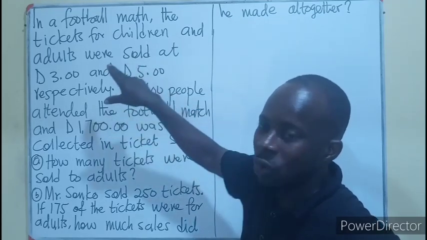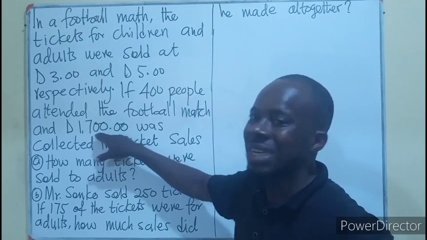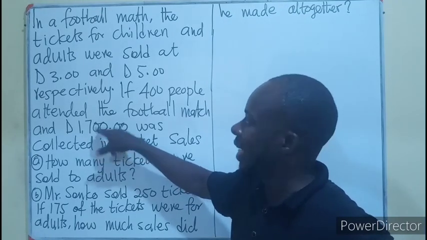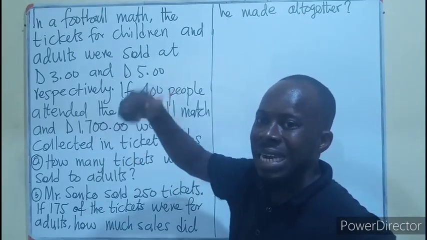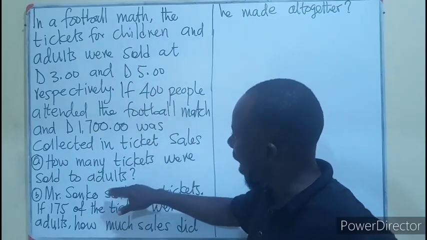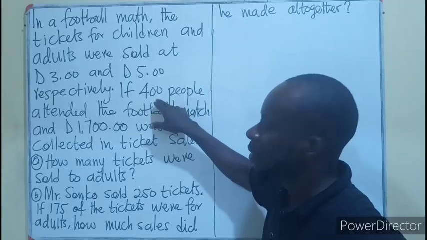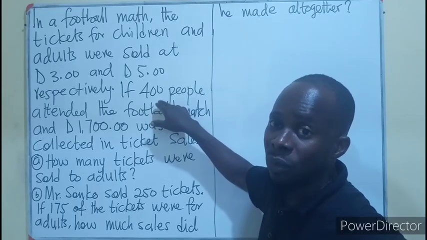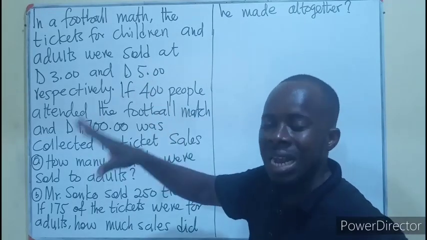If I add the two together, I should get this amount. And that number of children plus that number of adults should equal the people that attended the football match. So there are 400 people, which means adults plus children are 400.